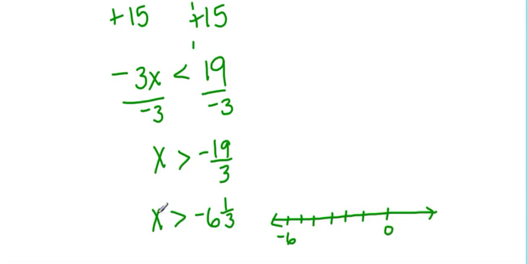So if it's any number greater than negative 6 and a third, here's negative 6 and a third, and then it goes this way. So all the numbers this way on this number line would make it a true statement. All right.